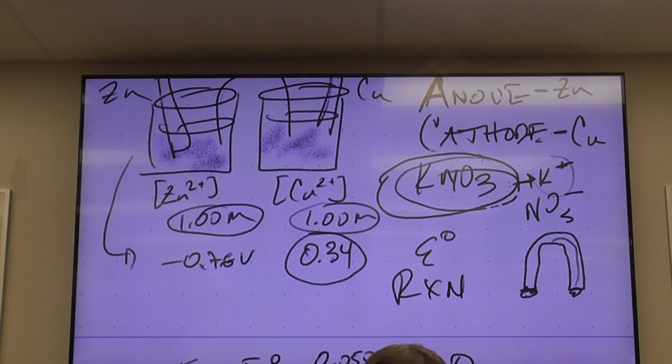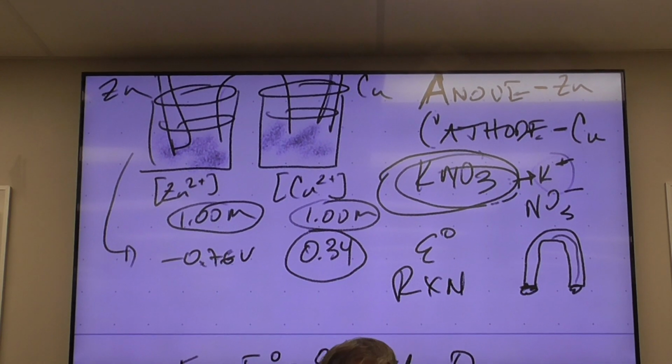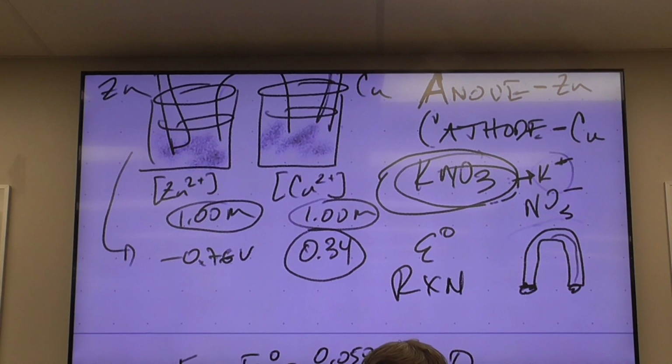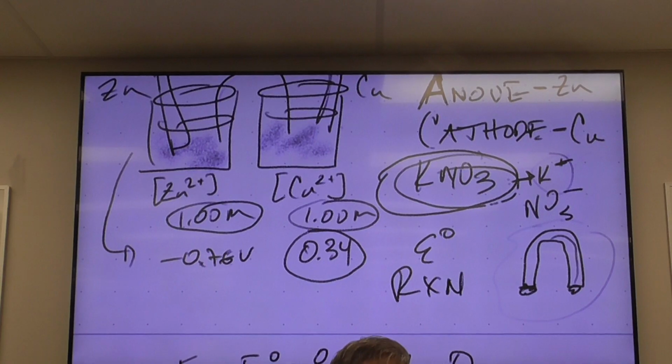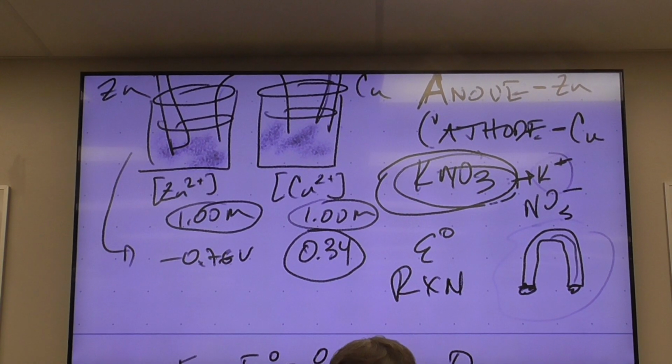On a small scale, we do the same thing. We just take a strip of litmus paper, soak it in potassium nitrate, and get the same thing. So if you ever see on the test this U-shaped thing, that's your salt bridge. That's how they used to build it, and then said, "Oh, let's just use a strip."